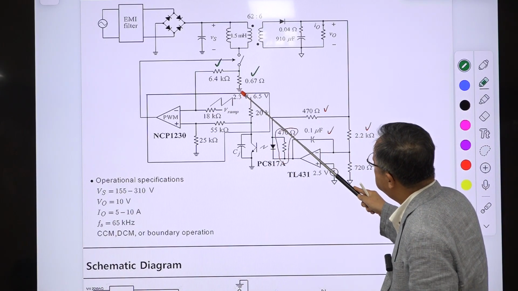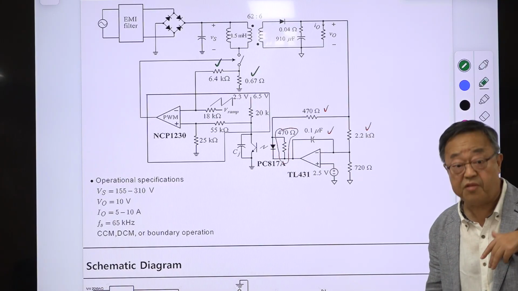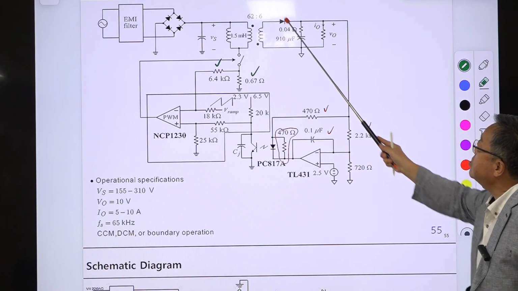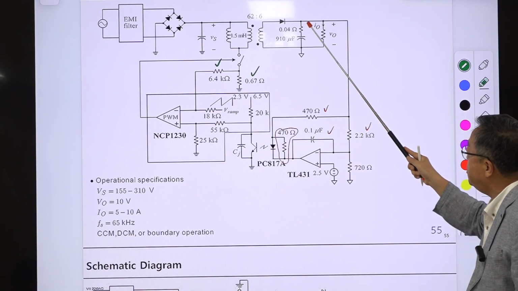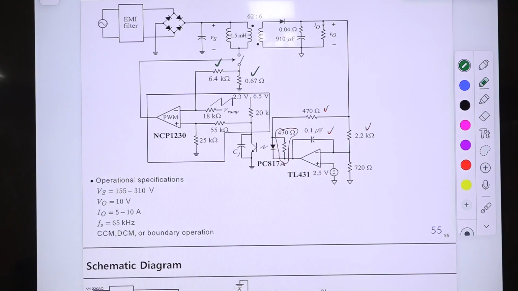You can select, you can change this and this, only two resistors, okay. That determines the performance of your converter. This is determined, assume they are determined, and then you need to select this, and this. And the final one is this one.